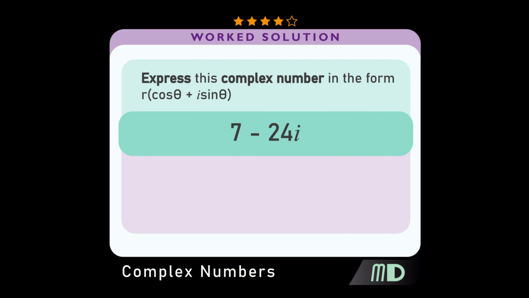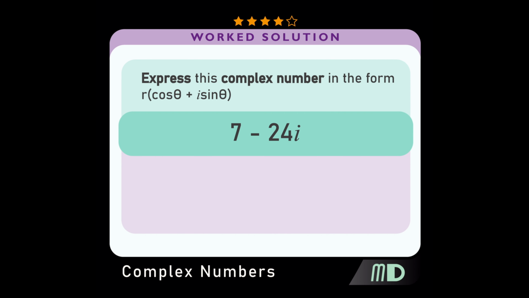A complex number is a number of the form a plus bi, where a and b are real numbers, with a representing the real part of the complex number and b representing the imaginary part. The form z equal to a plus bi uses the Cartesian coordinates of the complex number, a, b.